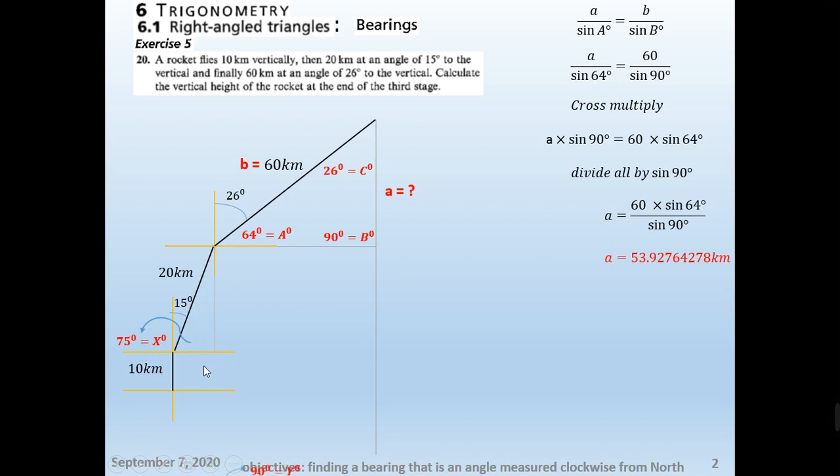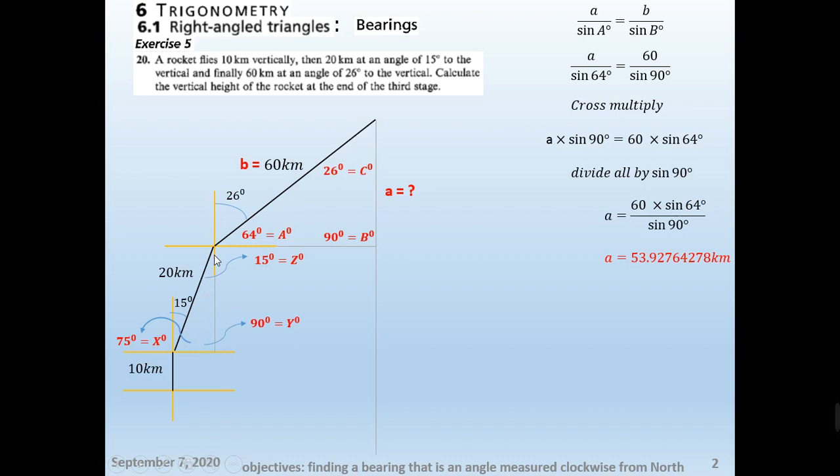This is 90. As you can see, I named it as y. And this last one is 15 because angles in a triangle, they add up to 180 degrees. So 75 plus 90 plus 15 is equal to 180 degrees. And we name this x, y, z.